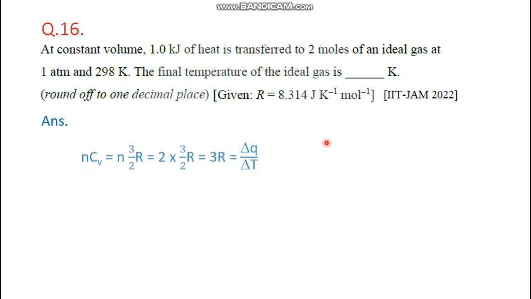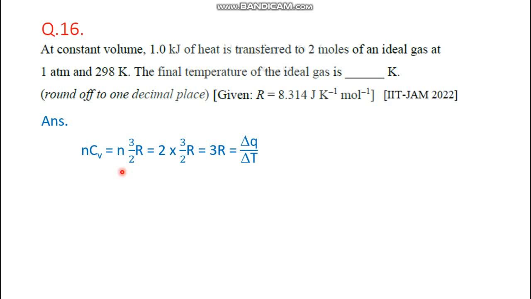So let's calculate the answer here. We know that Cv equals 3 by 2 R for degree of freedom 3. For an ideal gas, it is supposed to be a monatomic gas, and in that case the degree of freedom is 3, and therefore the energy is 3 by 2 RT.